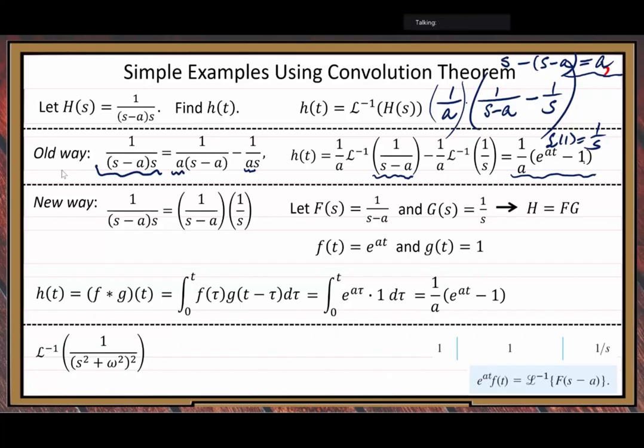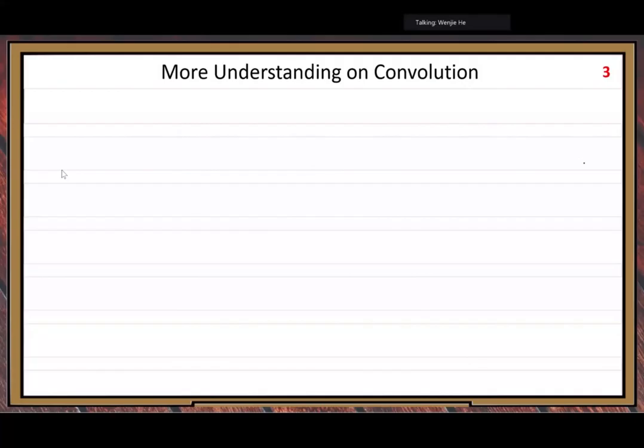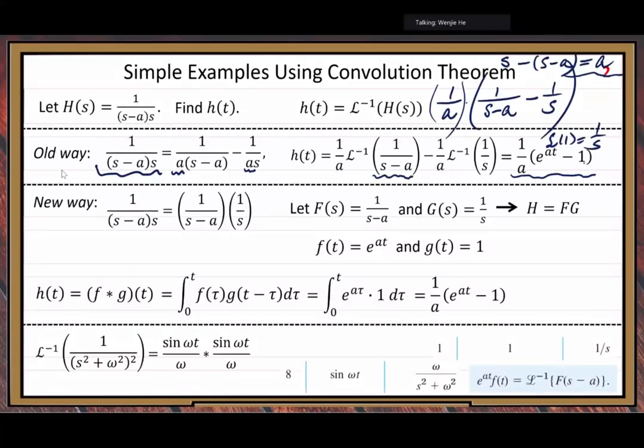Here f is the sine function, so the sine function does convolution with itself. The calculation part is not hard, so we just do it on scratch paper.